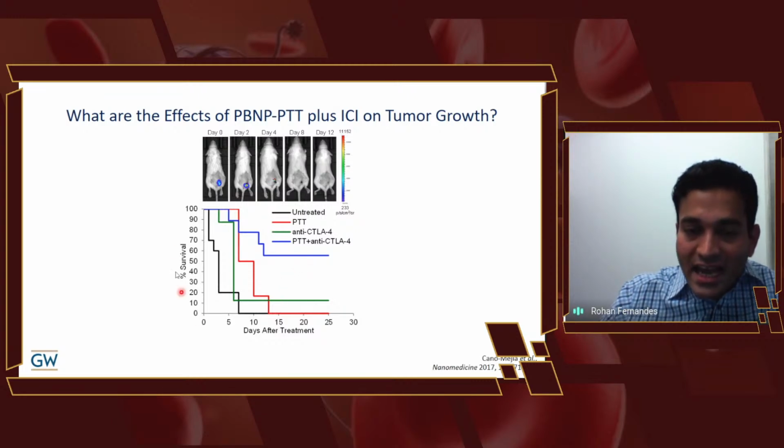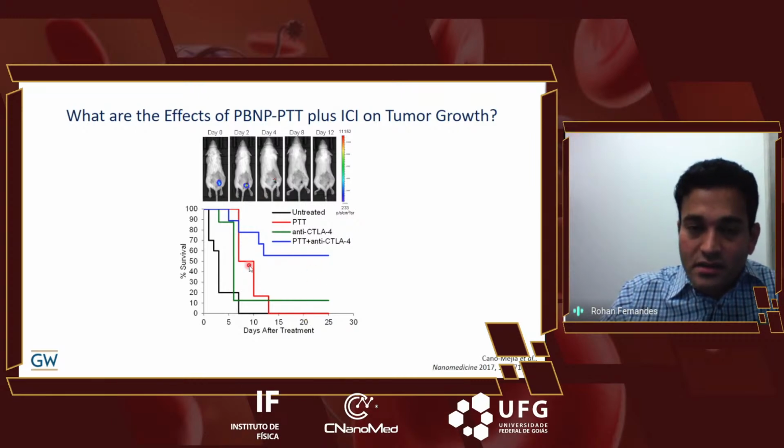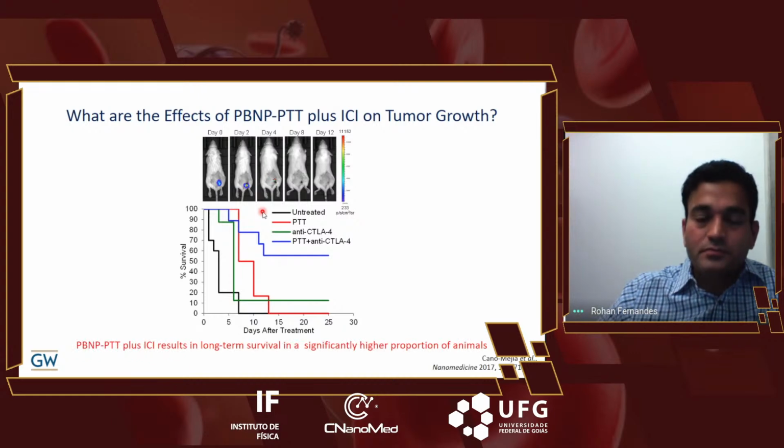Now, I am just highlighting the first 25 days post-treatment to see the individual trajectories for the different treatment modalities. But we were able to project out up to day 100, where the animals continue to survive tumor-free and without any progression of observable tumor, as measured by bioluminescence imaging and physical inspection.